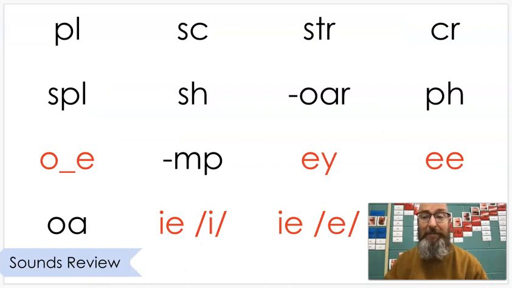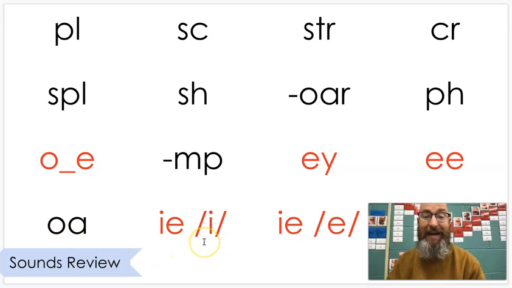Now, let's practice some sounds we've learned before, and then we're going to do some silent blending and see if you could put together some words. Say these with me, please. Pull, sk, stir, cur, spool, sh, or, f, o, e, o, and we know that I-E can make two sounds.